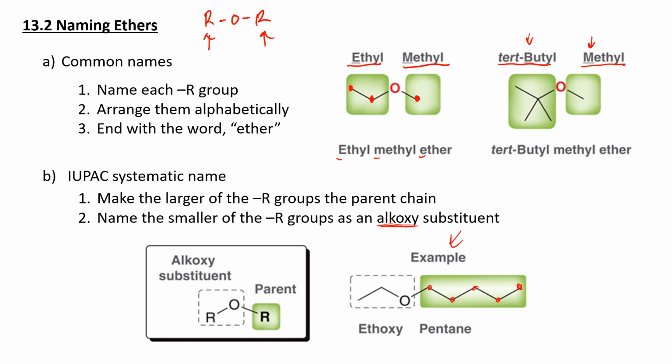This is our parent. It's a form of pentane. And then that alkyl group, along with the oxygen, make up an alkoxy. Because it's 2 carbons, it's ethoxy. So we call it ethoxypentane.